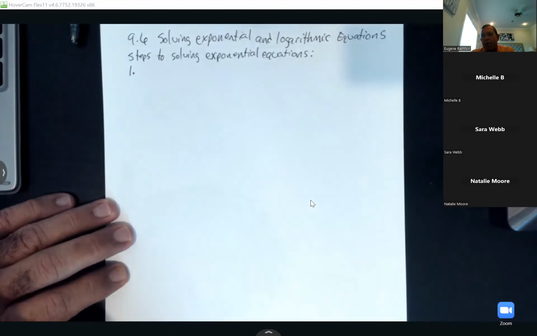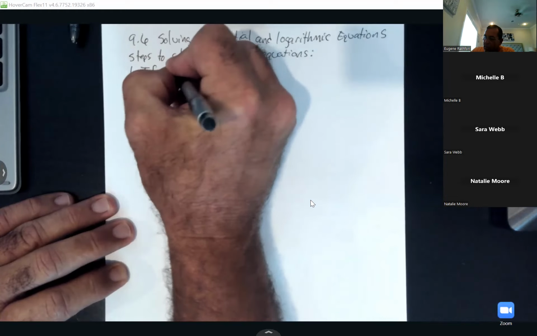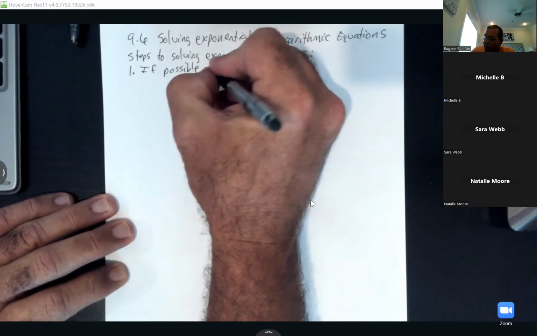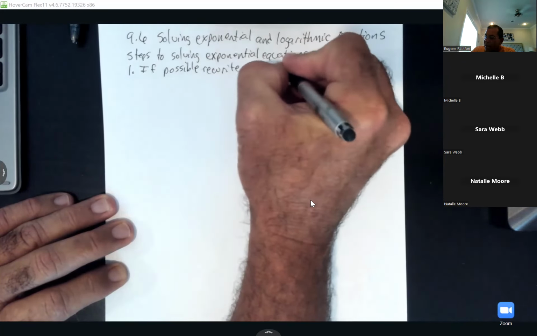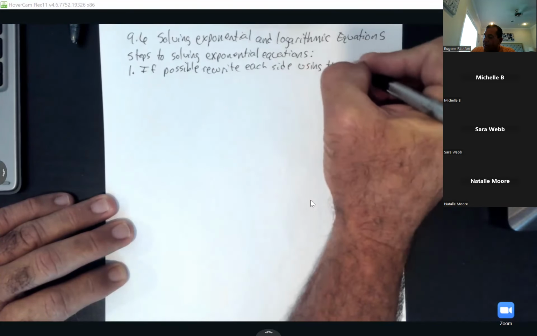So the first thing we want to do, if it's possible, we want to rewrite each side using the same base.